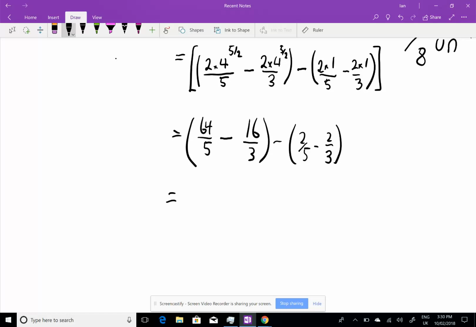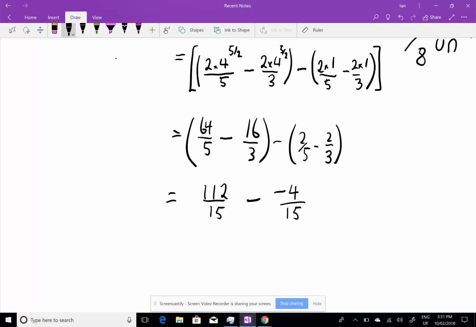So 64 on 5 minus 16 on 3 gives me 112 on 15. And over here I'm going to get 6 on 15 minus 10 on 15. Is that right? 6 on 15 minus 10 on 15. It's going to give me minus 4 on 15.